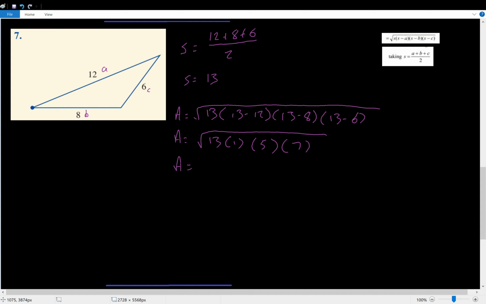So A is going to be equal to the root of 455. And we can get our calculator for that at this point. The root of 455 is 21.330... But you remember from above we're asked to get these to 2 decimal places. So A is approximately equal to 21.33 centimeters squared. And that is that.